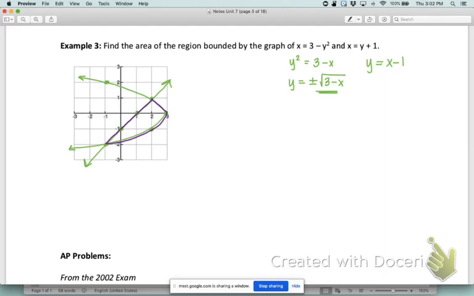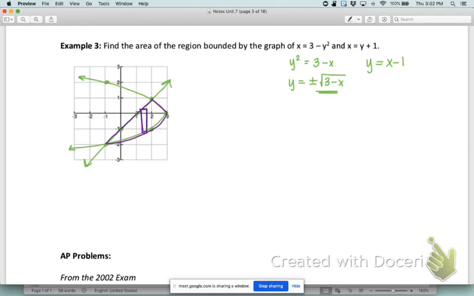Now, let's think first if we were going to do this with respect to x. The fact that these equations are solved for x and defined in terms of y is a good clue that we want to go horizontally. But here's the other reason. If you think about wanting to do vertical rectangles, here would be an example of a representative rectangle in this case.